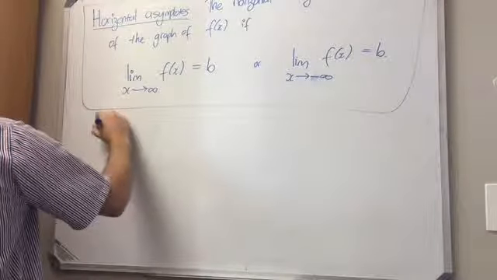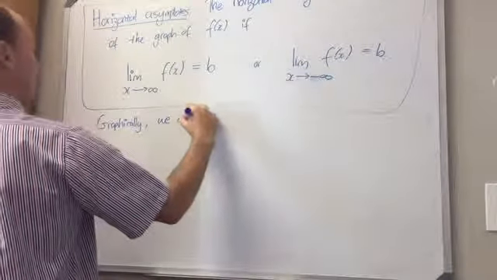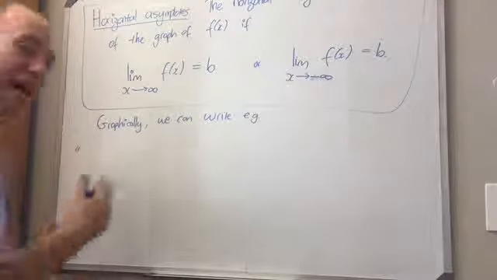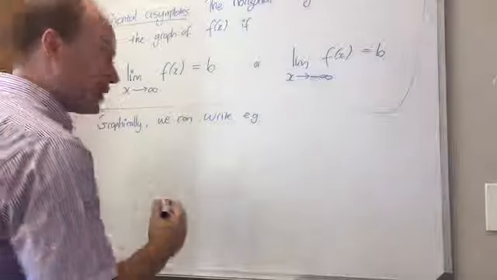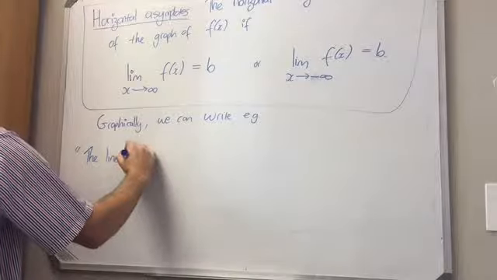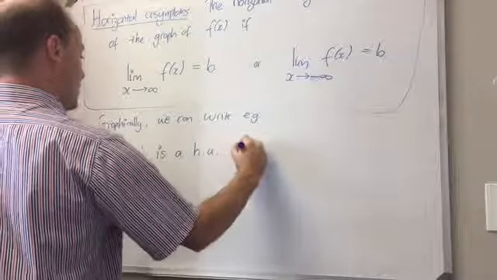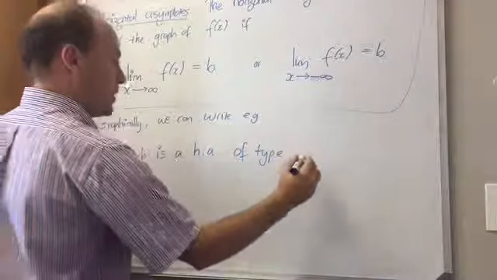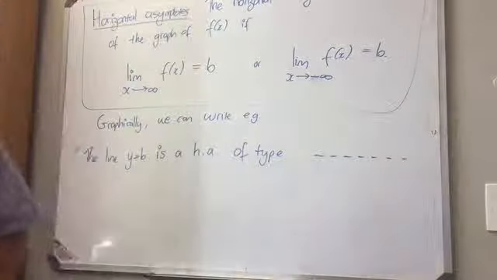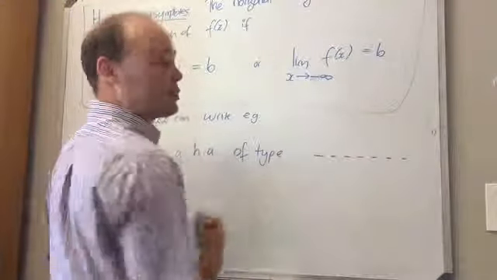Anyway, graphically we might be a bit more precise. So we can graphically write, for example, this is sort of my notation, but it's helpful for drawing curves. So you could write that the line y equals b is a horizontal asymptote of type, and you draw a picture of a horizontal line, and then you indicate on the picture how the graph is approaching this horizontal line as x goes to plus or minus infinity.